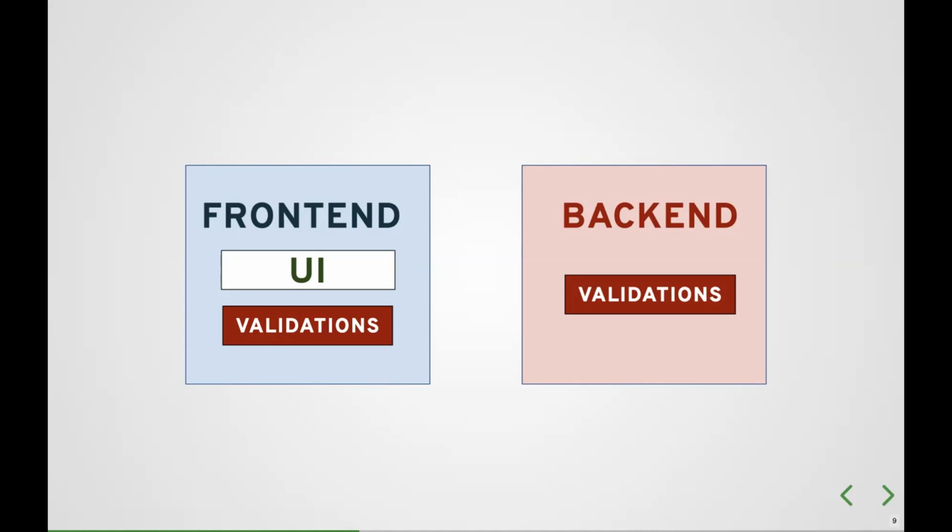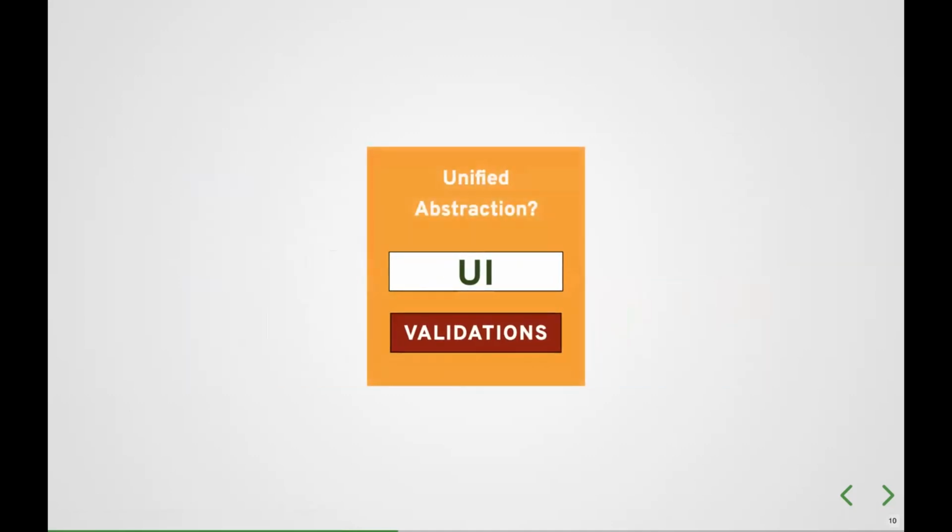Now, the way I look at it is, what if we have a solution that abstracts this UI and validations into one single unified schema? Rather than separating out validations, UI, and everything, what if we have one single unified format?